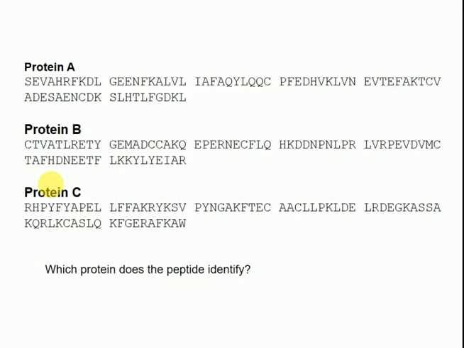Who said that? Protein C. Does everyone else agree?